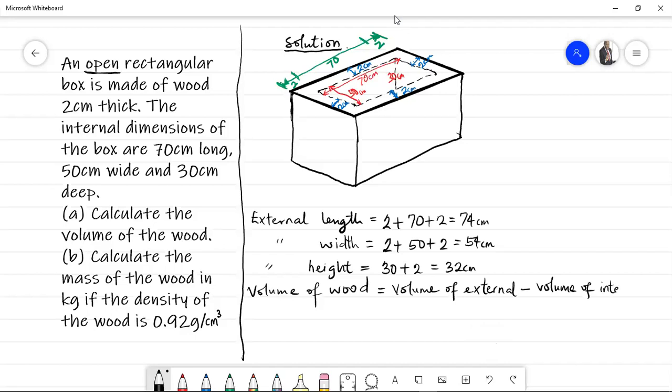That is what will give us the volume of the wood that was used to make the box.